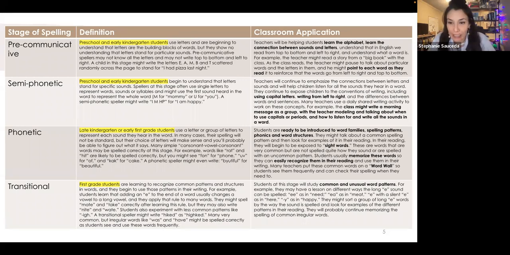Word families, they need to play with the language. That's how I'm doing it, playing with the word families. We did it over and over and over again.